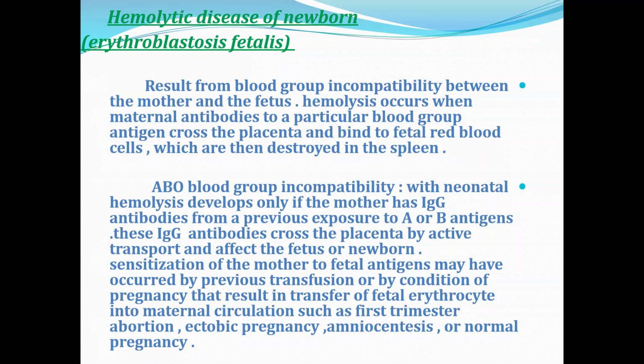Hemolysis occurs when the maternal antibodies, directed against a particular blood group antigen, transfer through the placenta to the blood of the fetus and consider the fetal RBCs a foreign body.